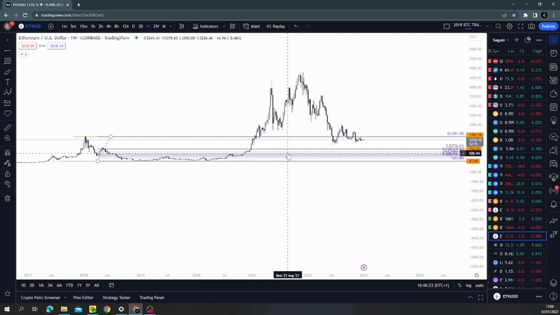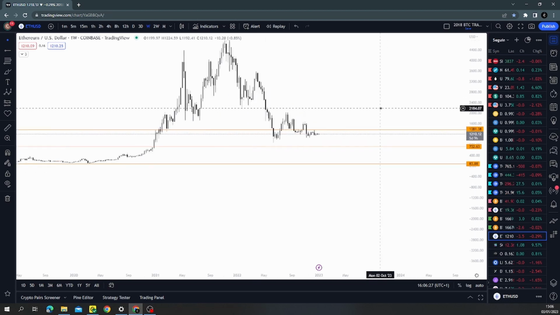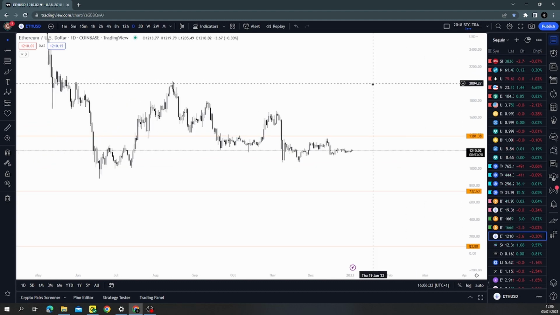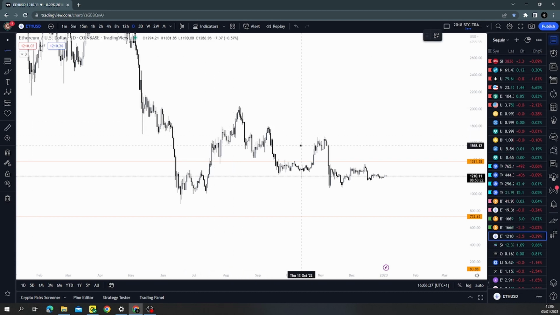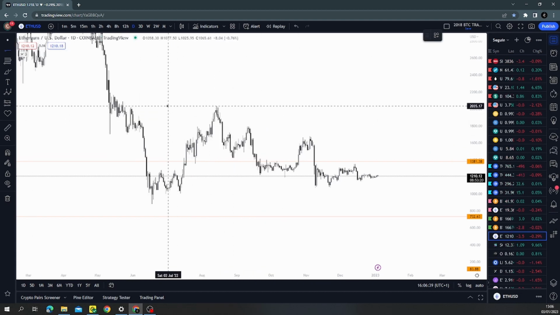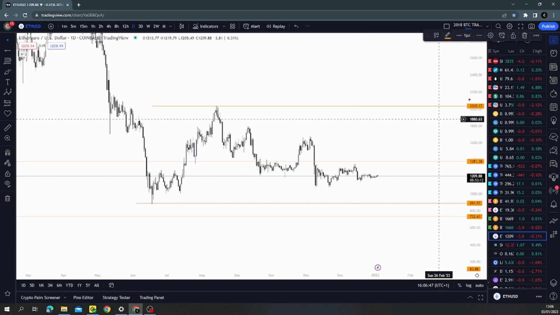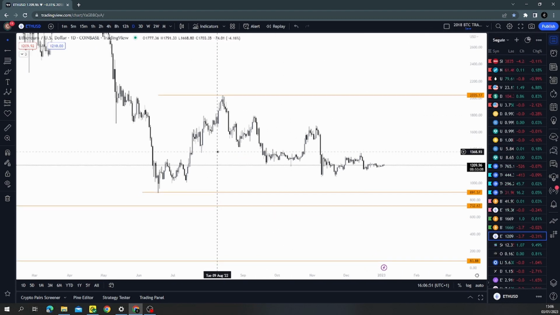We can see that we are in the middle of a range again, okay? Now we're going to go to the daily time frame. Okay, we can see that we have a range here. This swing high, this swing low. We know that this is the weekly middle point, okay?